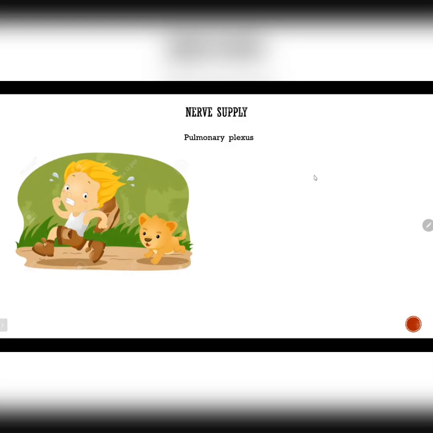Imagine you're running away from a dangerous wild animal. What will happen to your bronchi? The body wants to help you escape that situation. Dilation, yes, good. Sympathetics produce bronchodilation, plus decreased bronchial secretions as well.